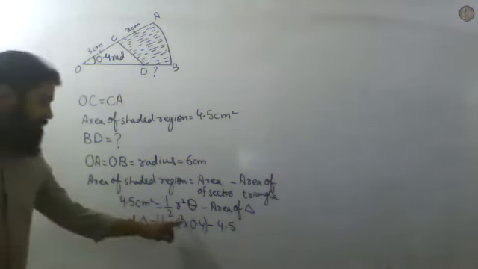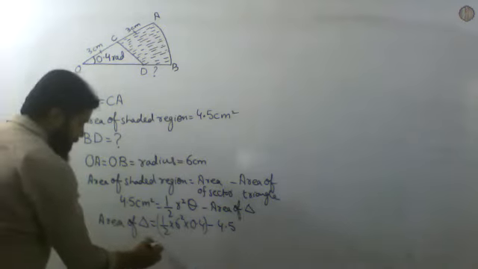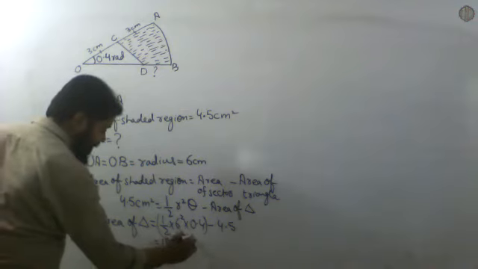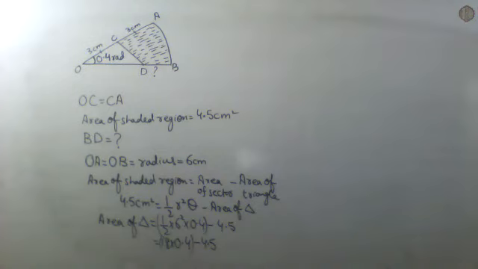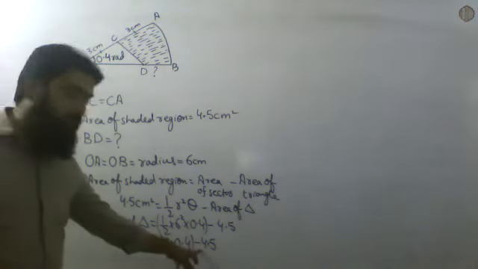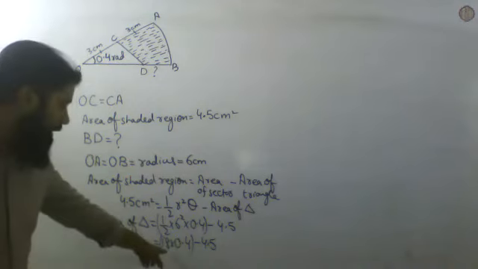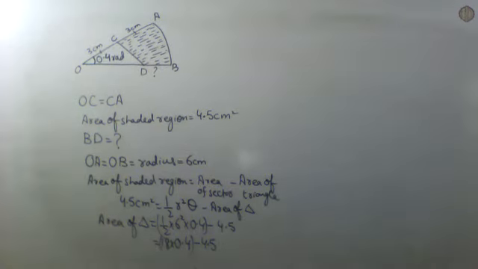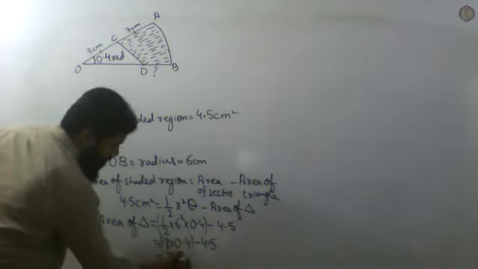Okay, 6 square is 36. 36 divided by 2 will be equal to 18 into 0.4 minus 4.5. This is what I got till now. Multiplying 18 into 0.4, this will become 7.2 minus 4.5.